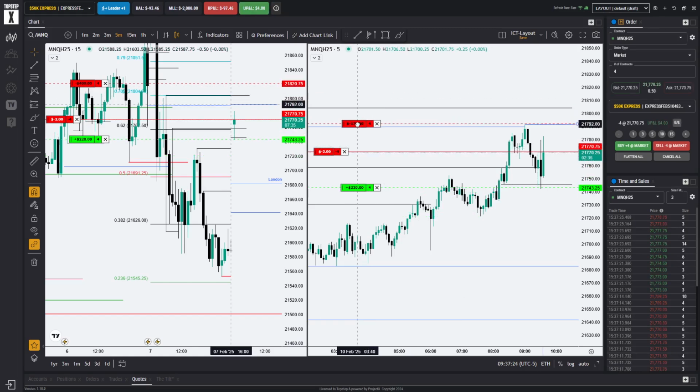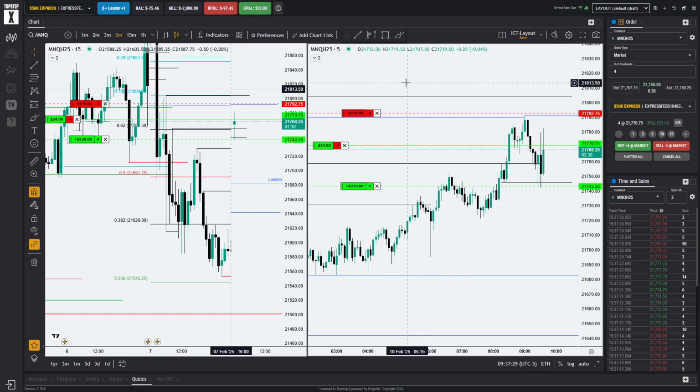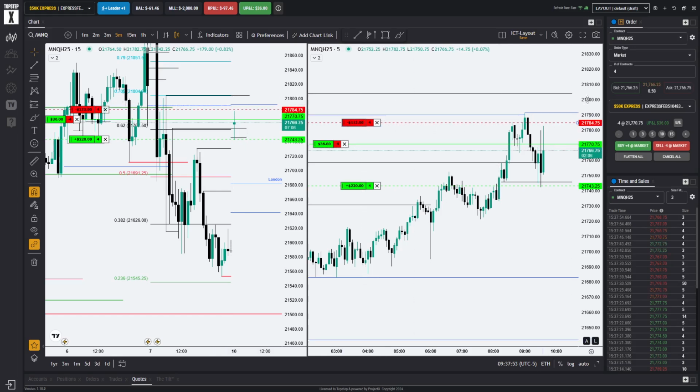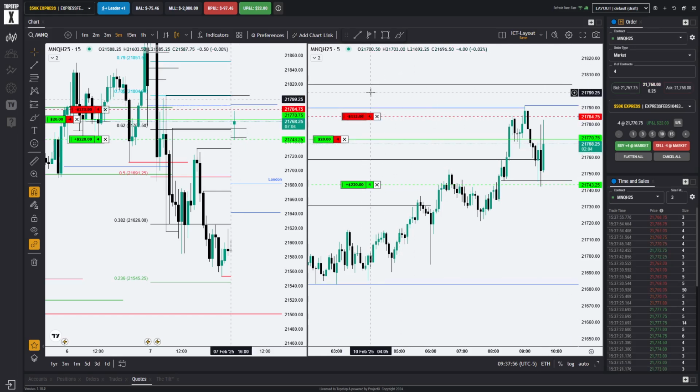My stop loss is obviously somewhere here. I'm risking $170 on that. But I want to see a quick move to the downside as ES is just pulling lower. Okay, Nasdaq is not doing that. And to be honest, even up here. Let's see if we can actually pull.